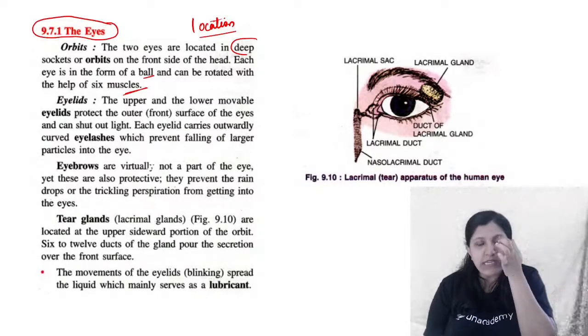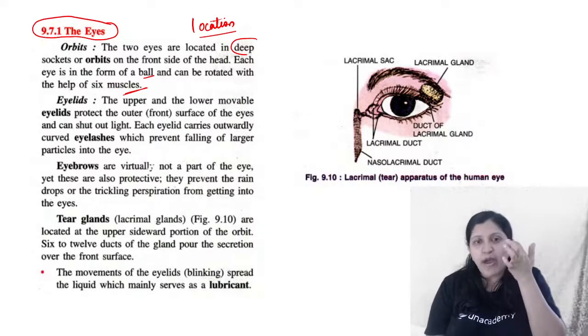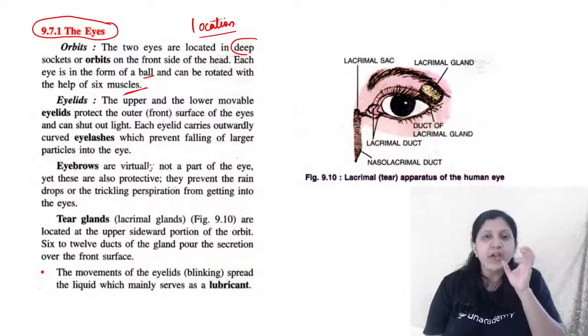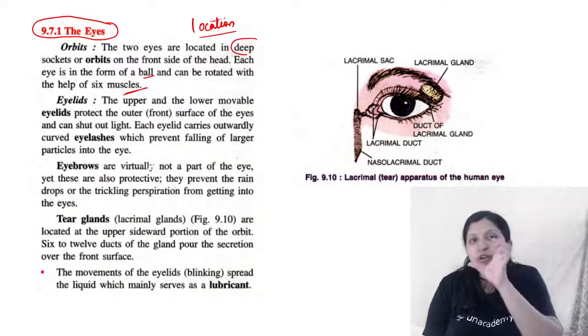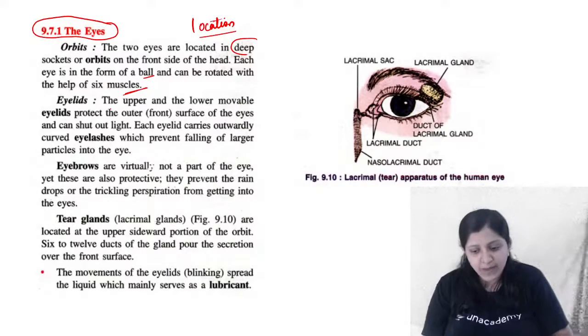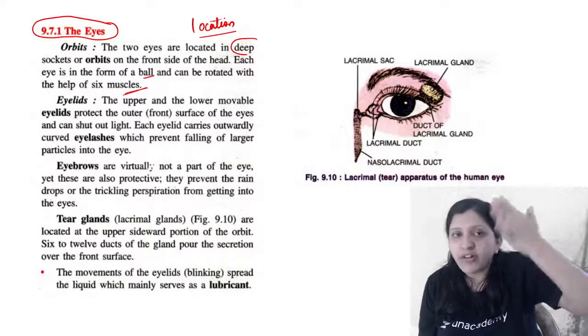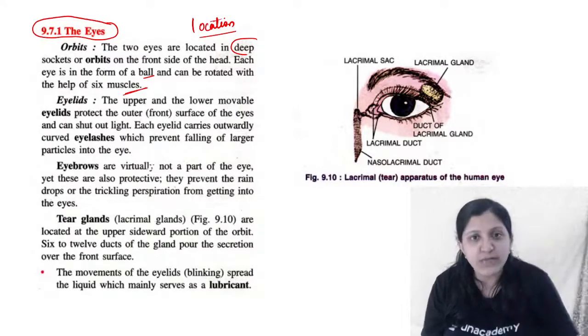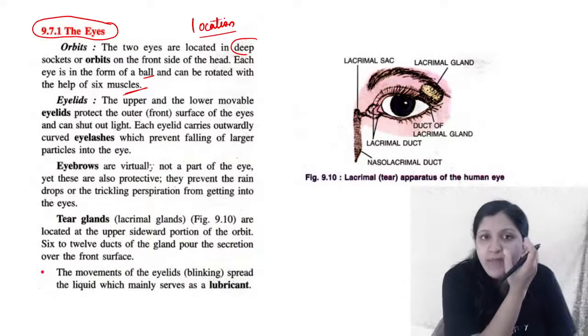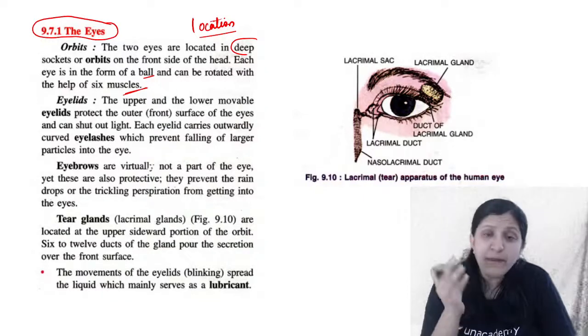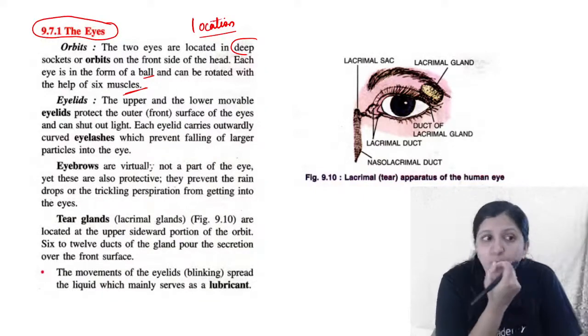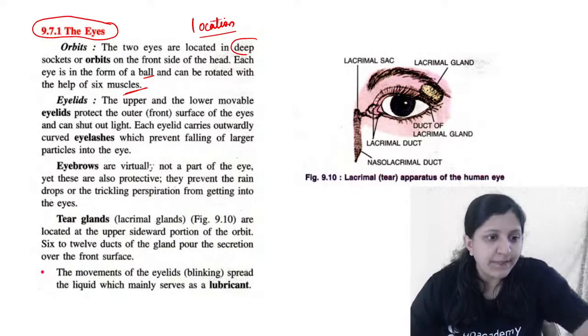So from every corner there will be an attachment for the rotation of this particular eye. The eyeball is attached not on the front side itself, so you can't see those muscles. There will be particular muscle cells or muscular tissue attaching onto the eye.